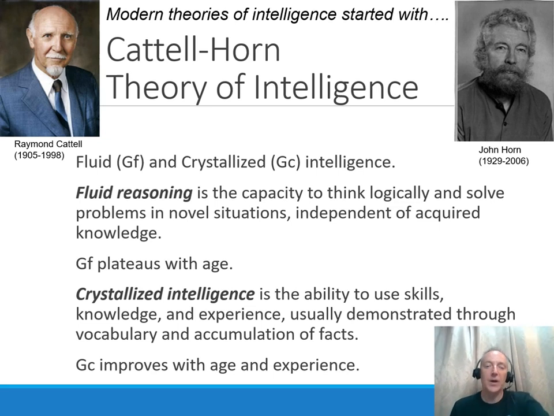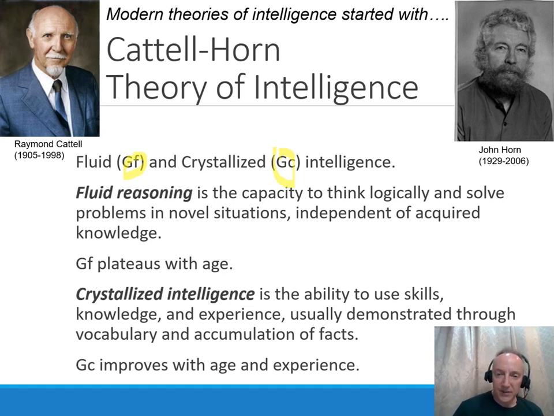They talked about there being two types of intelligence, fluid and crystallized. Fluid they refer to as GF, and crystallized GC. And again, that G refers back to that general ability factor talked about by Spearman, the very first theory we brought up.